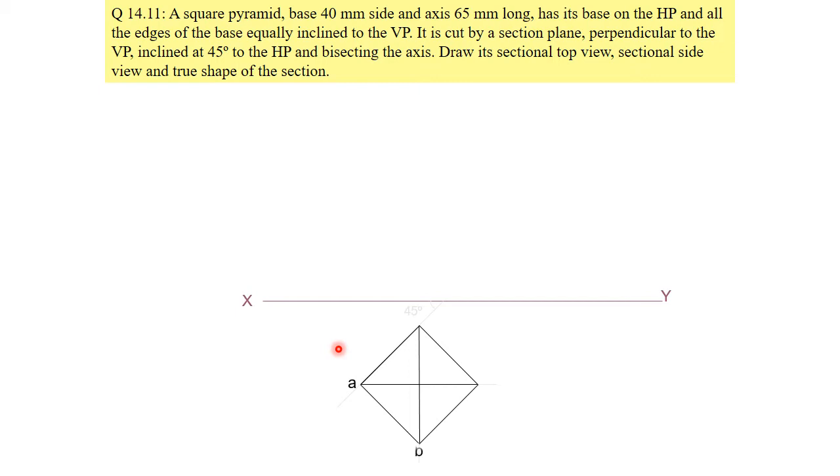and do similar. Mark the points, the corners A, B, C, D. The center apex is O. Draw the projection upward for the front view. So this is the axis.